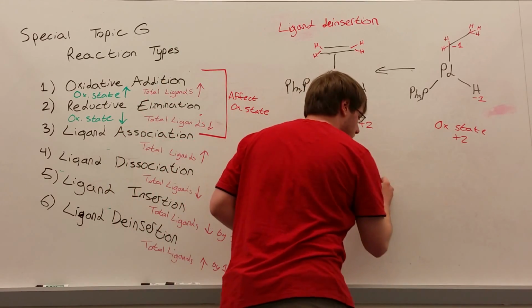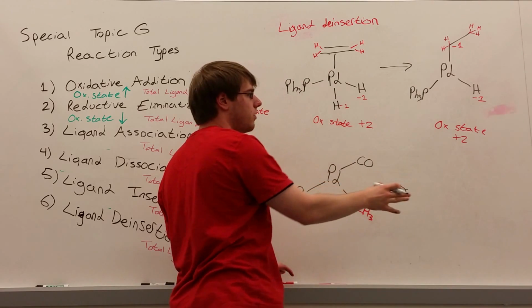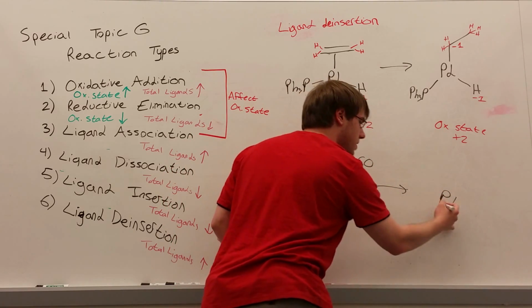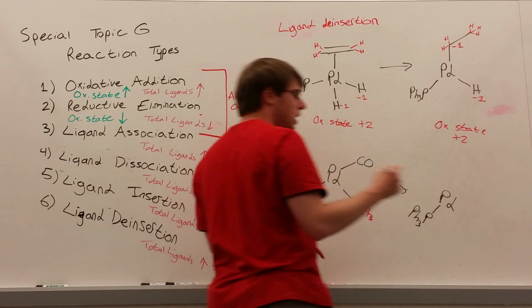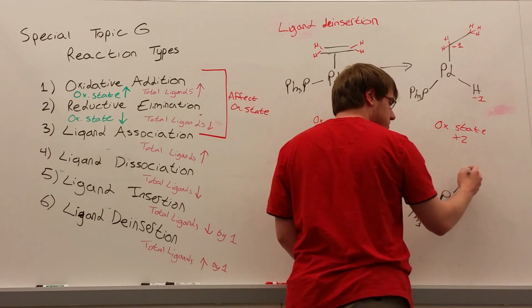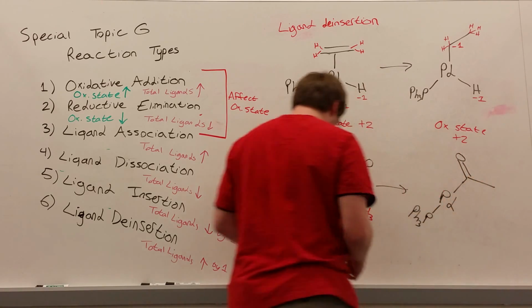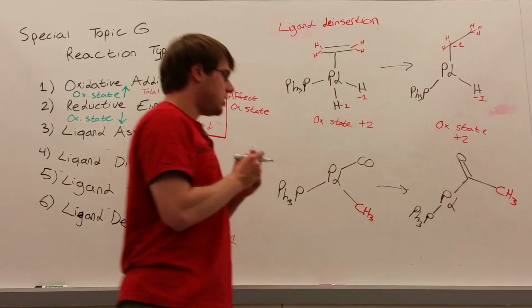And now, again over the arrow, you're going to see nothing. But when you go to your product, you're going to have that palladium, you're going to have that PPh3 untouched, but you will now see a carbon double bond oxygen, and that red CH3.